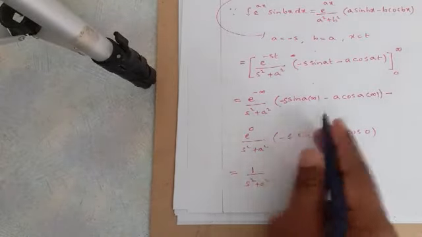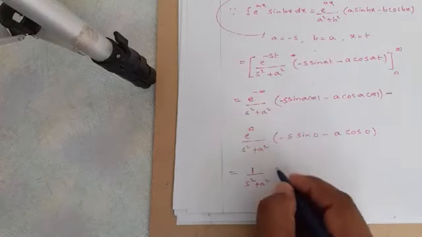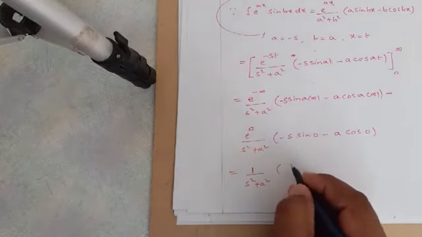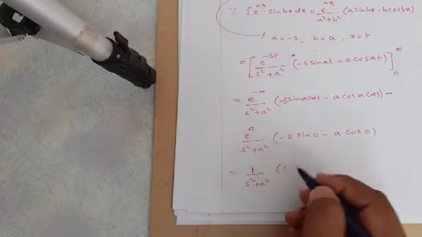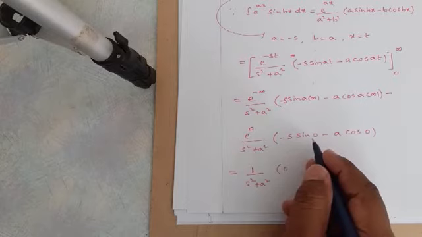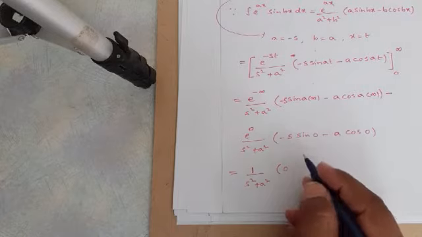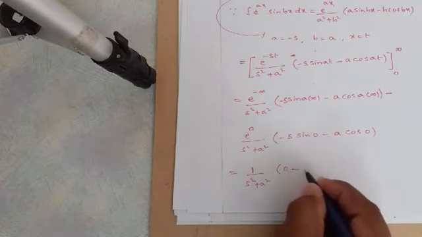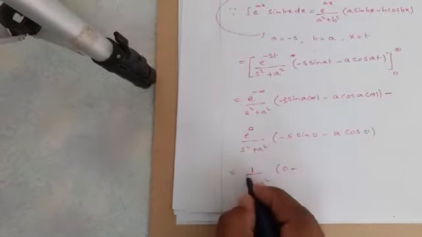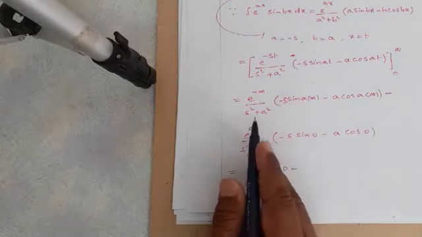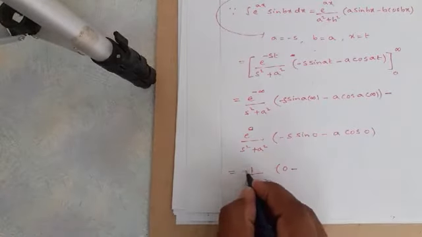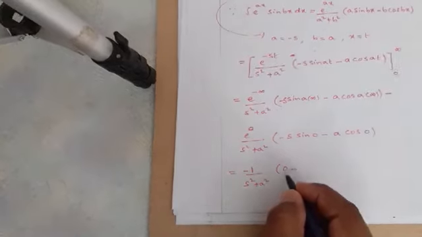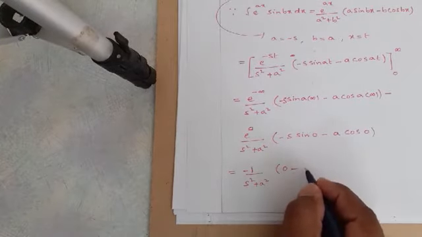So you get e^(-infinity) into 0, then we write here 0, then e^0 is 1, and sin 0 is 0. So 0 minus, here you have cos 0 is 1, so here you will get minus 1 by s square plus a square into (0 minus a).